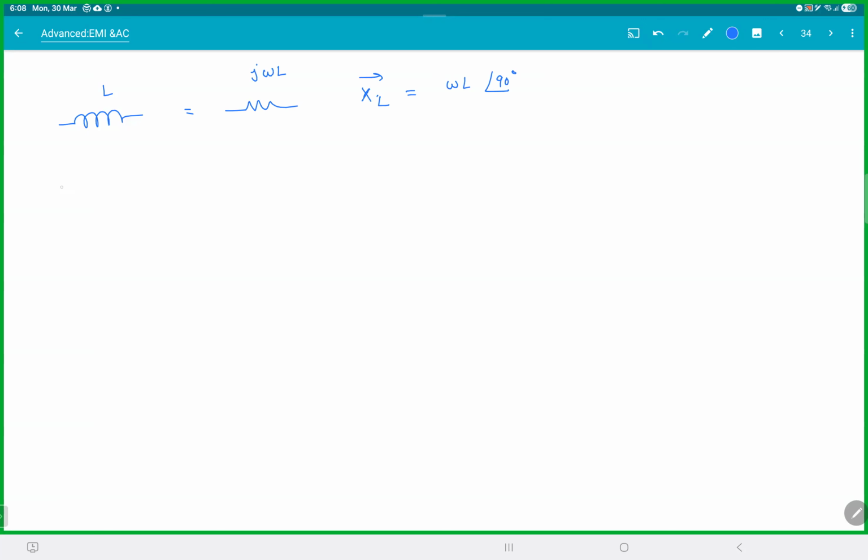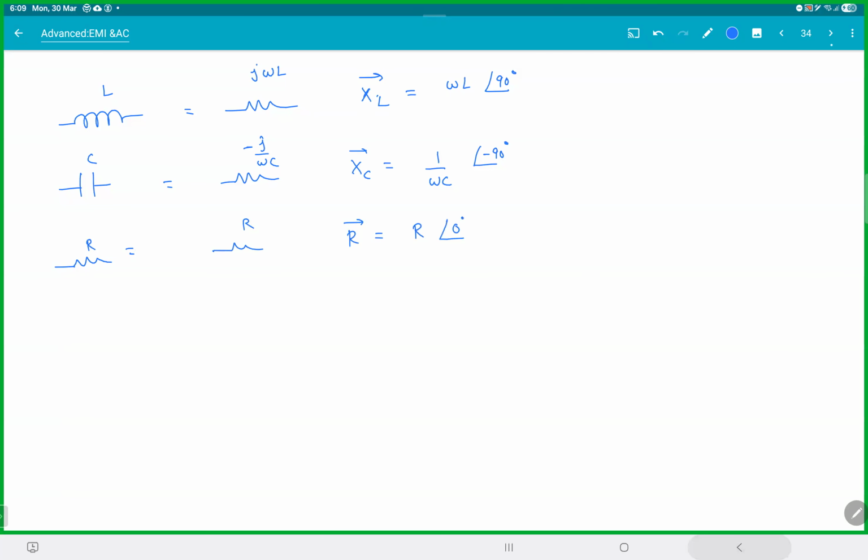If you have a capacitor C, we replace this with a resistance which is 1 by j omega C. So the reactance of a capacitor is simply 1 by omega C angle minus 90 degrees. Whenever you use an inductor and a capacitor, you can just dump it there. A resistor will be just like a resistor, so the phasor form of resistance is simply R angle 0. Clear? So that was the basic theme there.